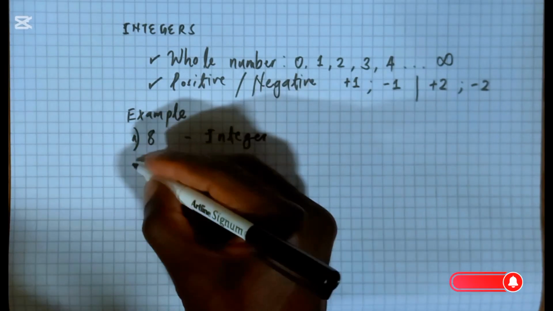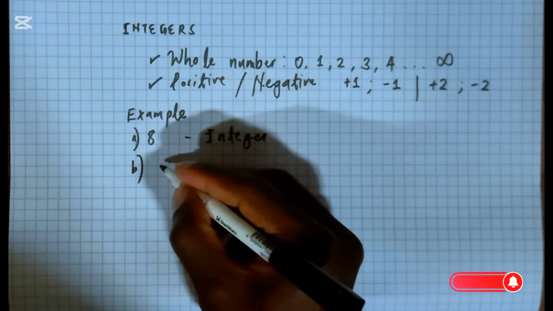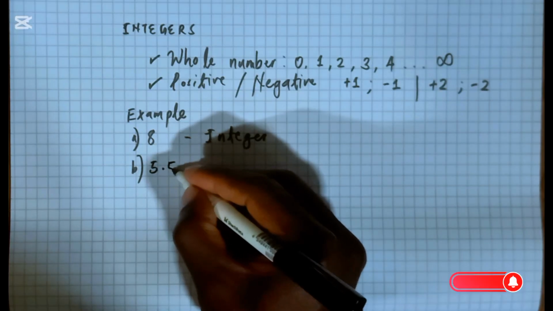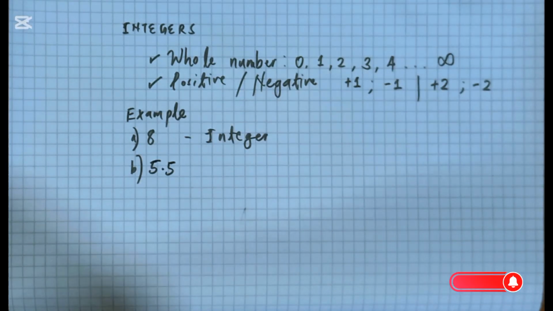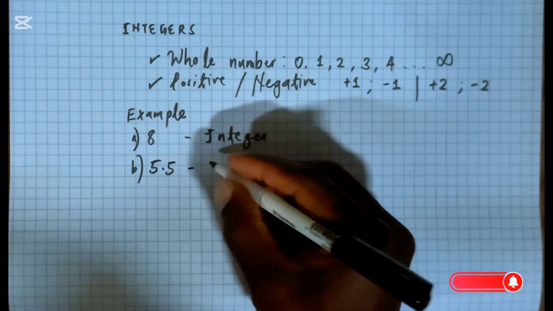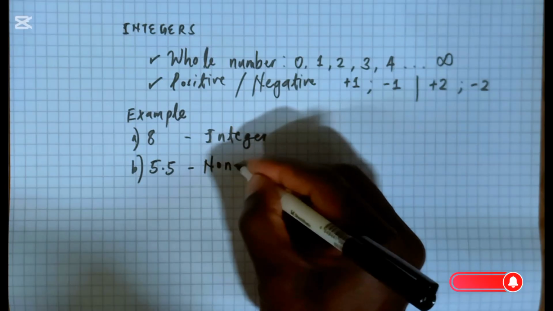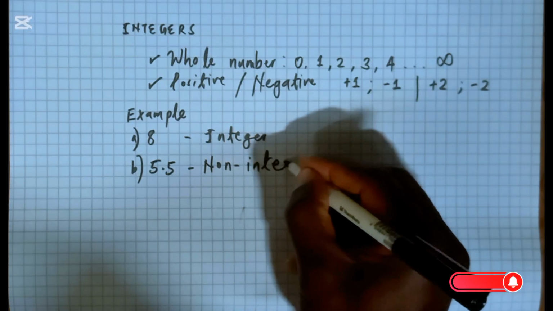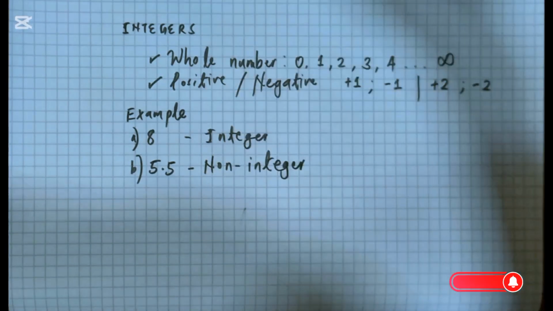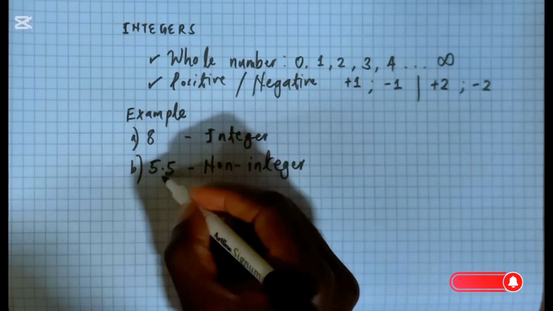Then I'm going to mention another number, 5.5. In this particular case, 5.5 won't be an integer, so it is a non-integer. The reason is that it has a decimal fraction, 0.5.